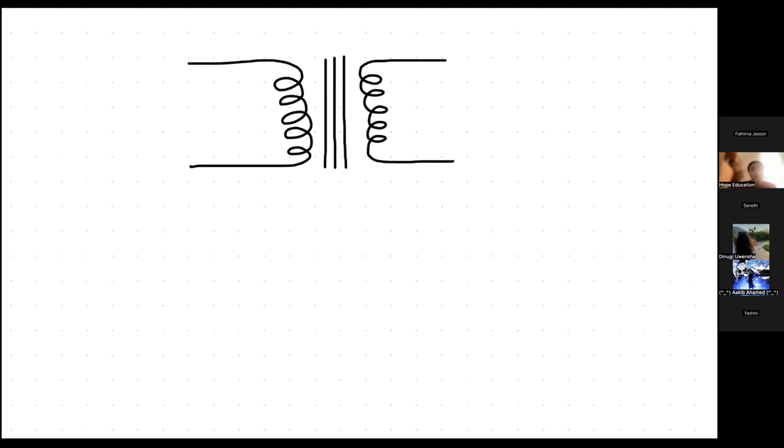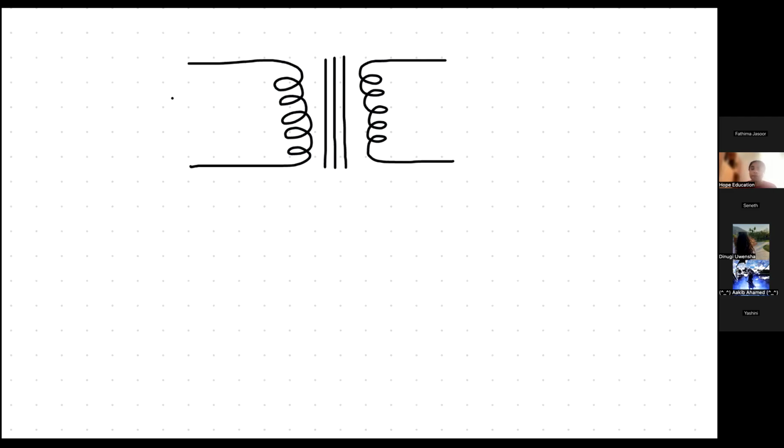This is our circuit 1, the circuit 1 we talked about earlier. This is circuit 2. The three lines in the middle represent the soft iron. The first circuit and the second circuit are not directly connected, they were connected through the soft iron. So this is how you represent a transformer in a circuit diagram.